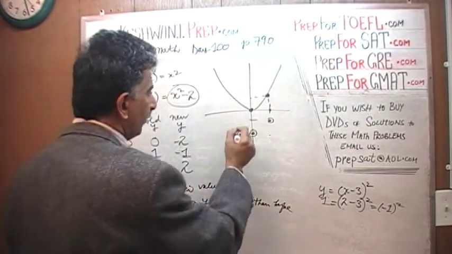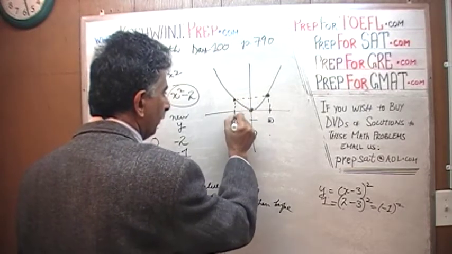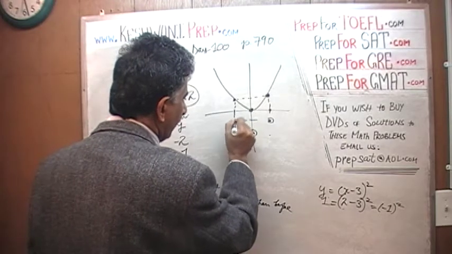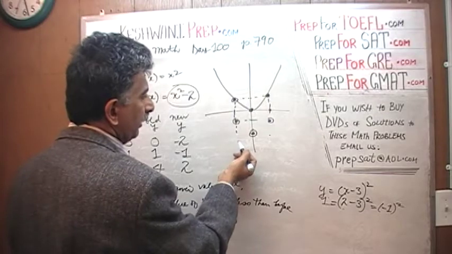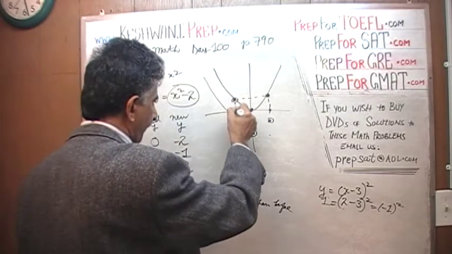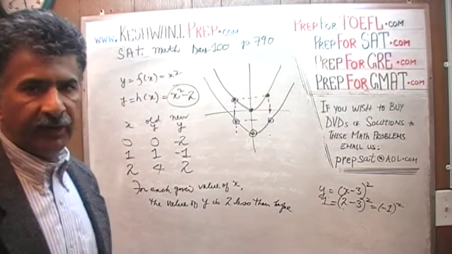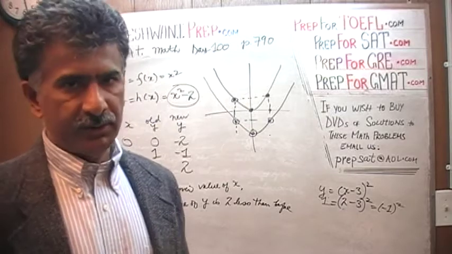So it's 2 less. Before, when x was -1, y was 1. Now, when x is -1, y is going to be -1. So we go from this point to that point. And here's our new graph. It's the exact same parabola, exact same shape, except it's been shifted down by 2 units.